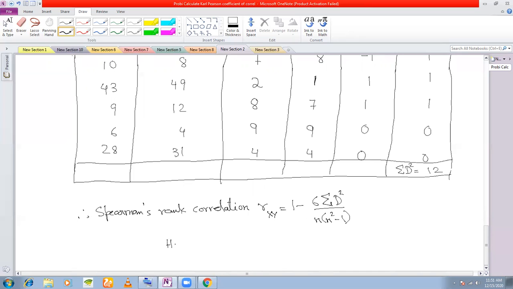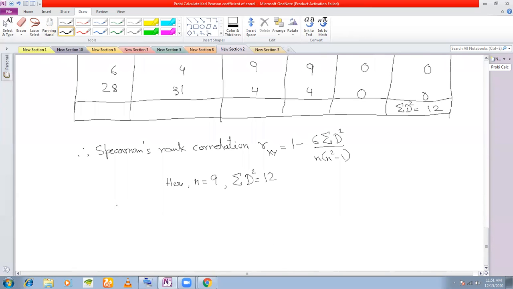So here what are the values? Here n is 9, number of observations. Summation D square we have found as 12. Just put the values. Hence Rxy is equal to 1 minus 6 into 12 divided by n into n square minus 1. That is 1 minus 6 into 12 divided by 9 into 80.